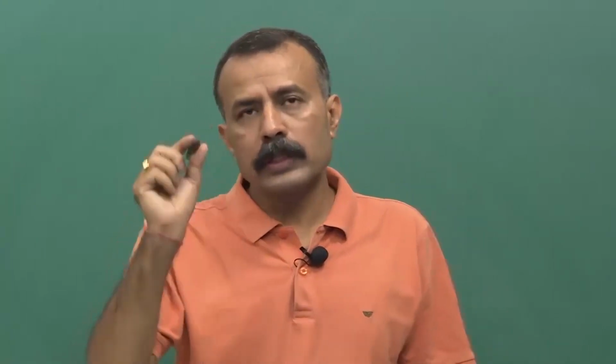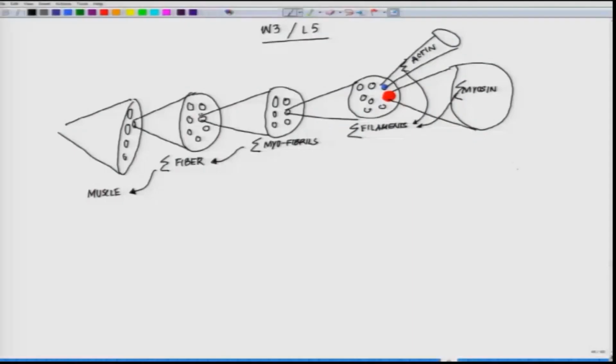So, what is the central theme in this whole process? If you look at it, there is one word which explains this process, and that is self assembly. So, if you look at it, at every level in nature, there are certain unique rules of self assembly which dictate the formation of such complex structures. Okay?